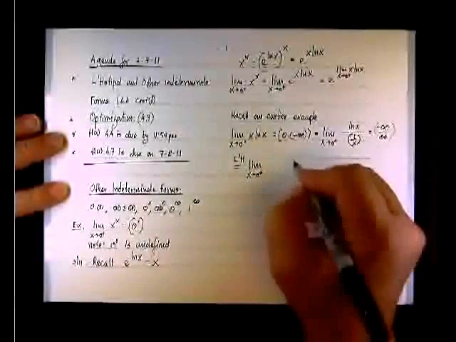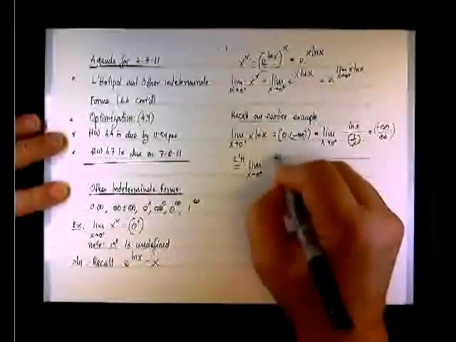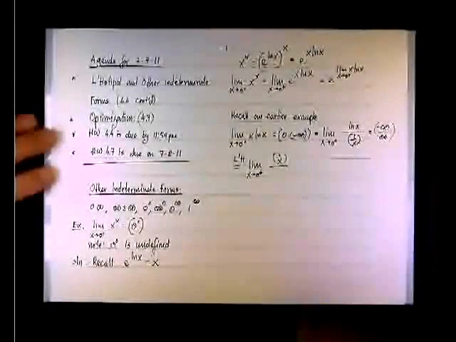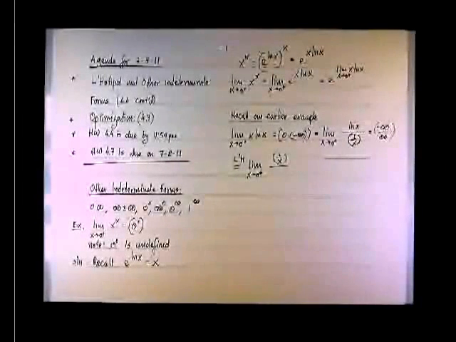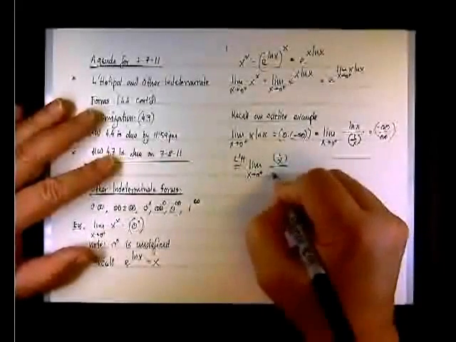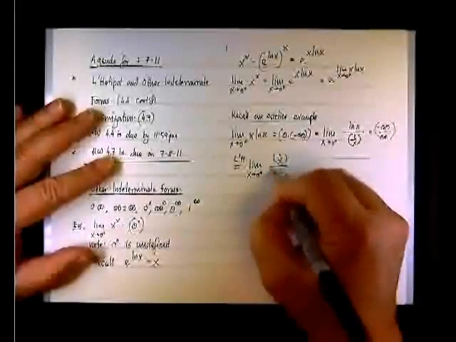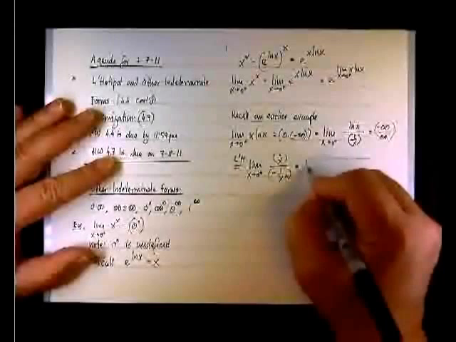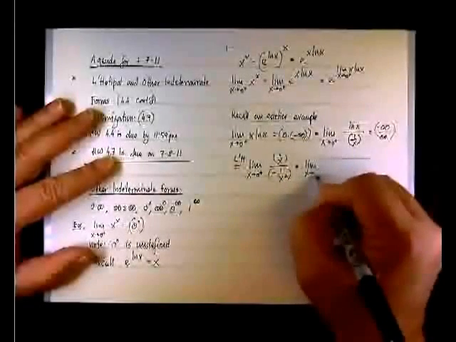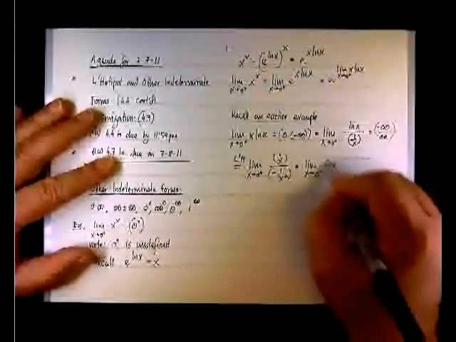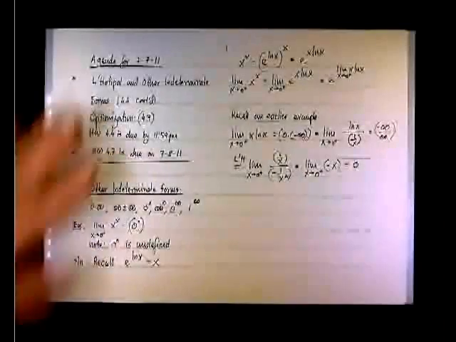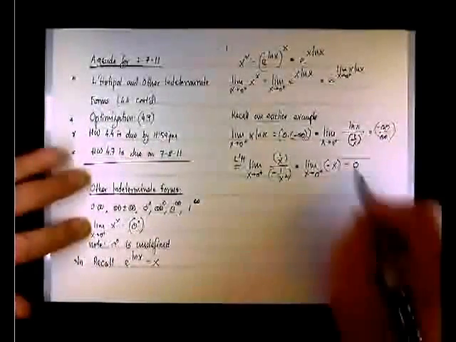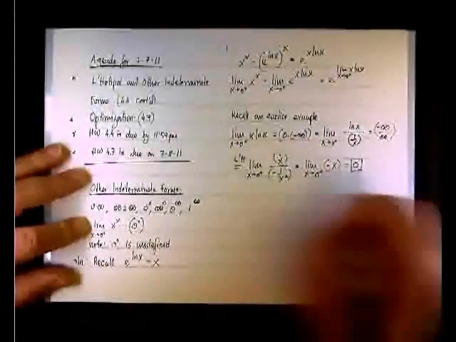The derivative of natural log of x is 1 over x. The derivative of 1 over x, being x to the negative 1, is negative x to the negative 2, or negative 1 over x squared. As you simplify, you get negative x, or 0. That's the result of this particular exercise.